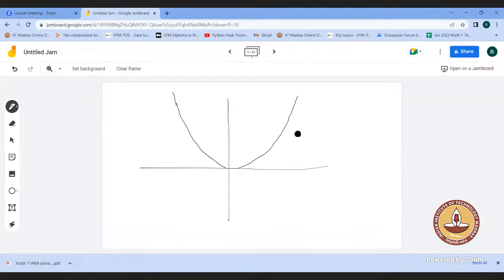Am I audible? Yes, sir. x power 4 is something like this one, right? Yes, sir. Mostly, when f double dash of x is equal to 0, we can't say whether it has a local maximum or local minimum. Yes, sir. The double derivative test will basically say whether the function has a local maximum or local minimum, right? Yeah.